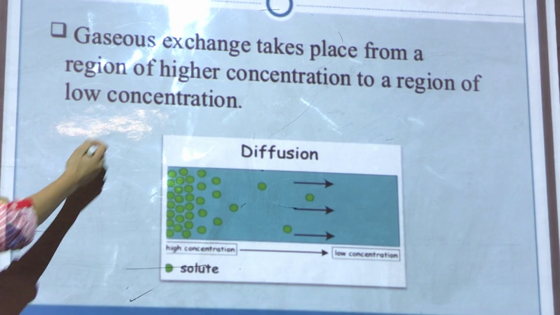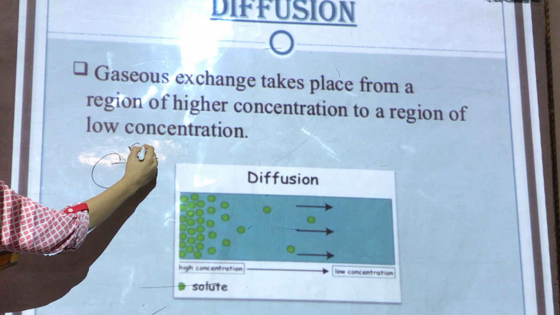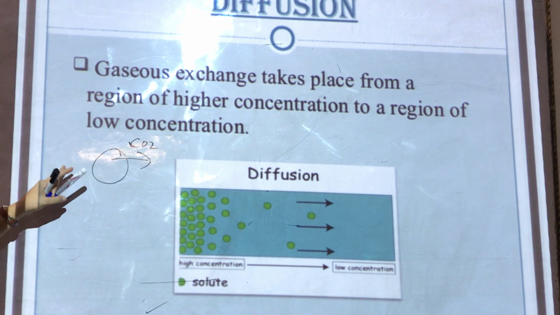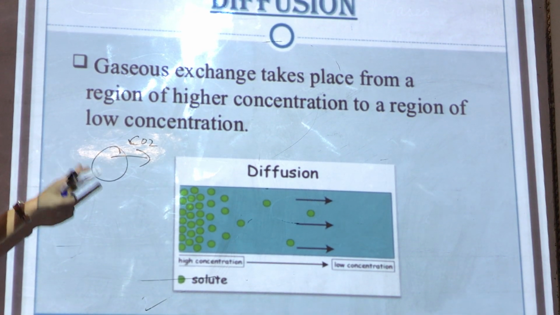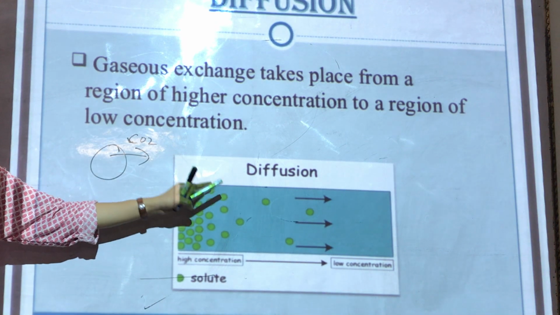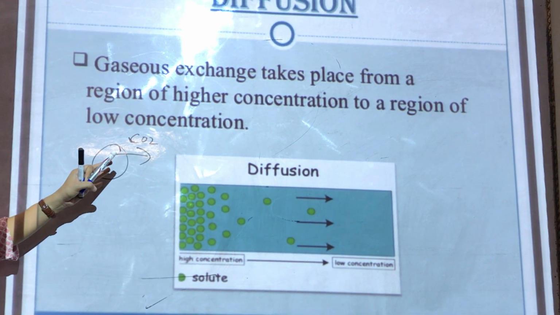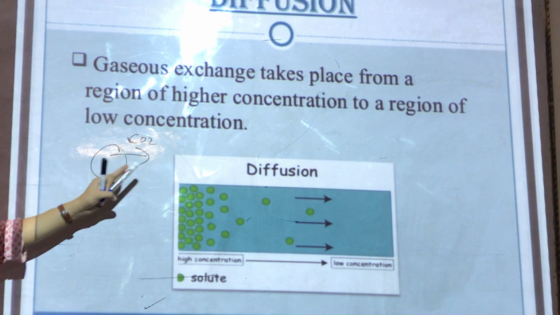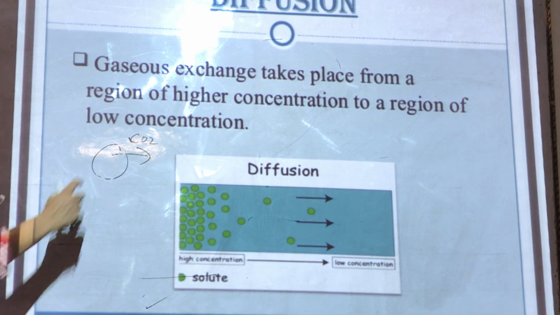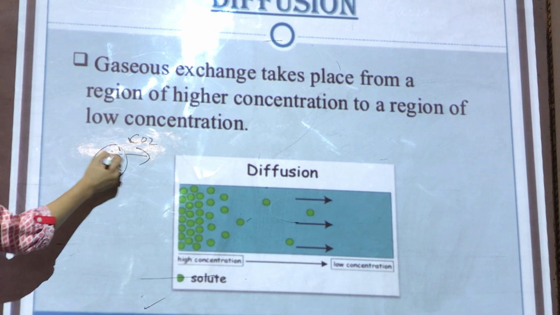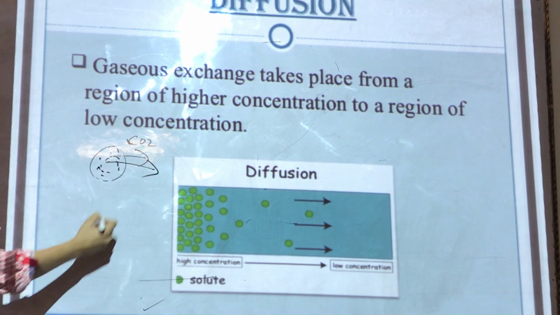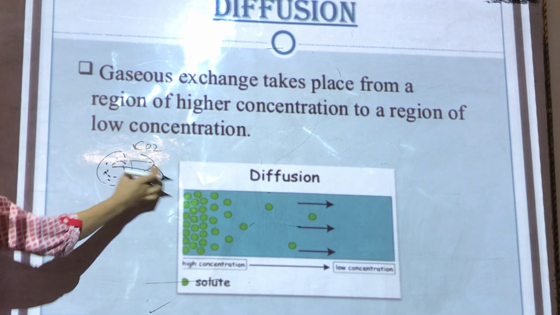For example, this is a cell. Carbon dioxide is a waste product, so the waste product CO2 requires to be excreted out by the cell. When CO2 accumulates at high concentration here, it moves out. That is the process of diffusion.